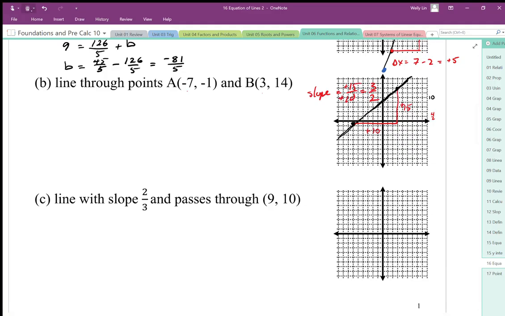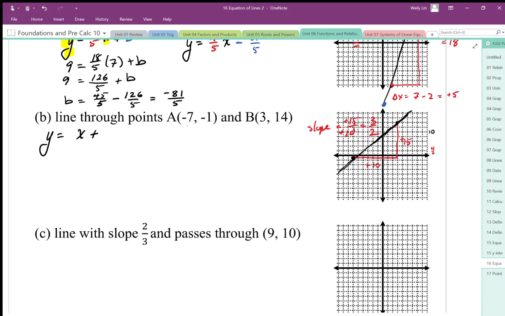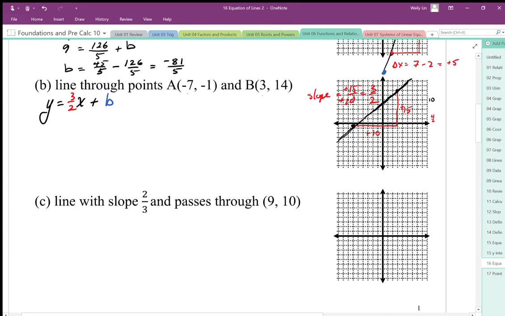So my equation of my line so far is y equals mx plus b. I know my m value, my slope value, is going to be 3 over 2. And my b value is unknown. Okay, so finding out the b value, what we can do again is anytime we have x and y coordinate pairs, we can always substitute it into our x and y in our equation.